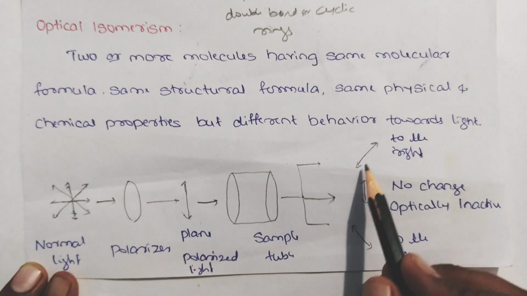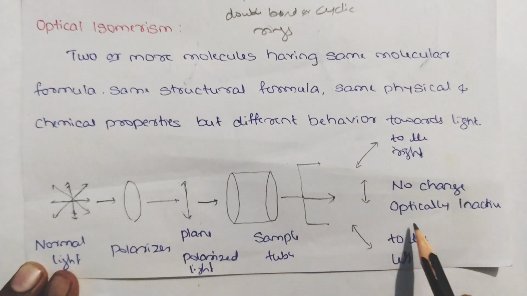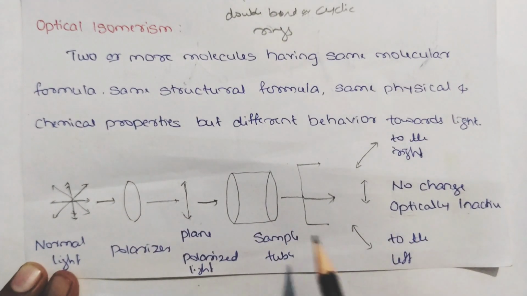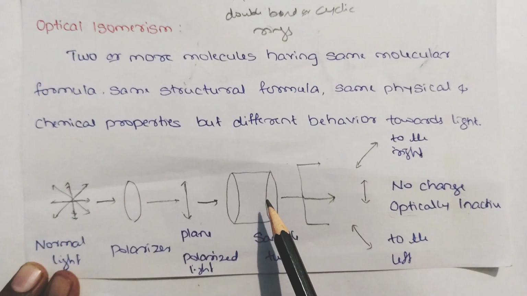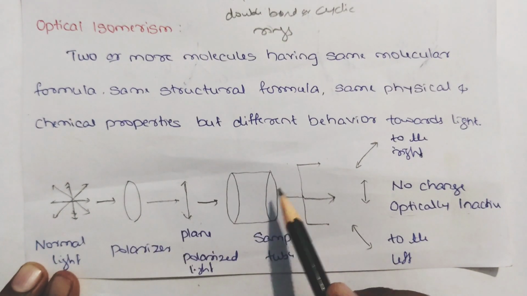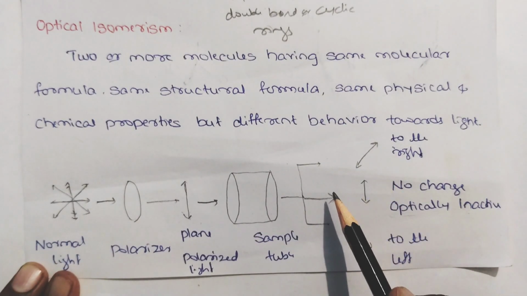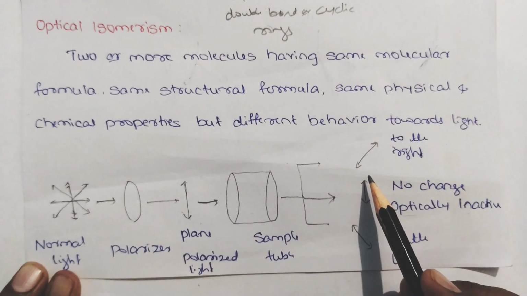Here you can see that there is no change in the light after passing through the sample, hence this is optically inactive. If the direction of the light changes after passing through the sample, these types of samples are called optically active, meaning they show optical activity.